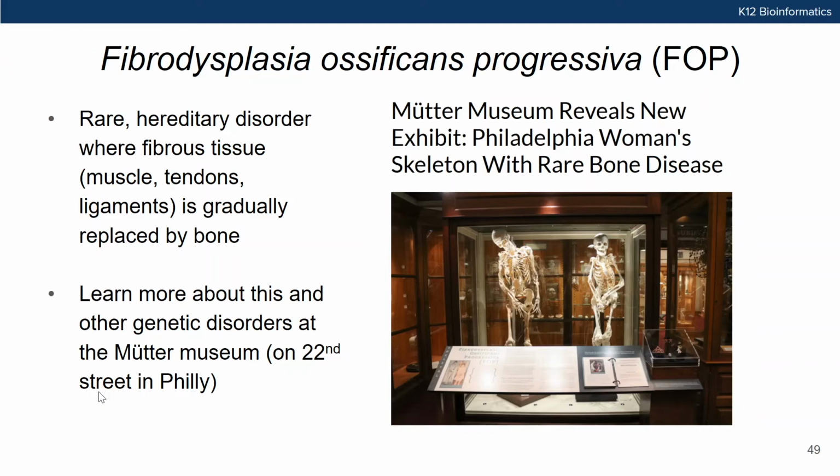Just a bit of background on the specific disorder, FOP is a disorder in which muscle tissue and connective tissue, such as tendons and ligaments, are gradually replaced by bone, a process called ossification. This is an extremely rare disorder, being diagnosed in only about 900 people worldwide. And so how would we go about identifying the specific genetic variant that causes FOP?